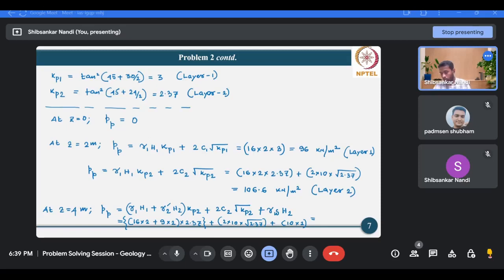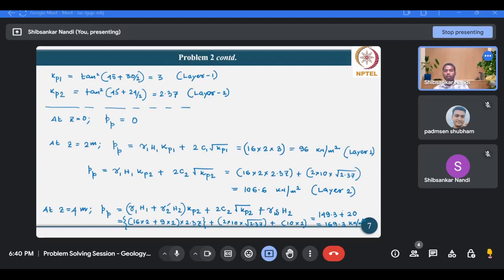So it's 149.3 plus 20, that means 169.3 kilopascal per meter square. Why we have written in this fashion, we'll see in the next slide. We have separated the water contribution part and the soil contribution part.